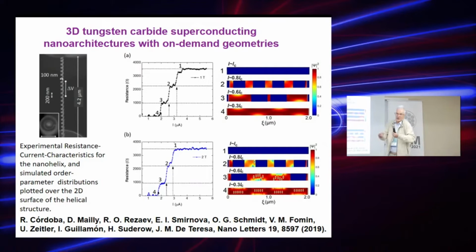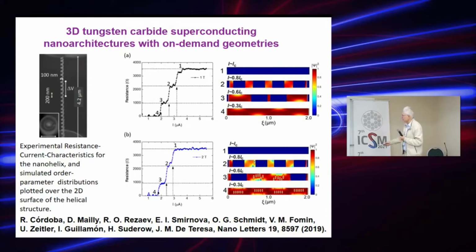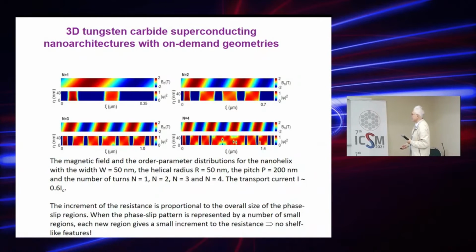Okay, we know this also for niobium, but for this material, everything should have been checked from the very beginning experimentally. We got very nice correspondence even in what concerns the height of the steps. And this is a consequence of phase slips, not in a tube, but in a nanohelix. The topology of the screening currents is similar. This is the explanation of what I have just told you.